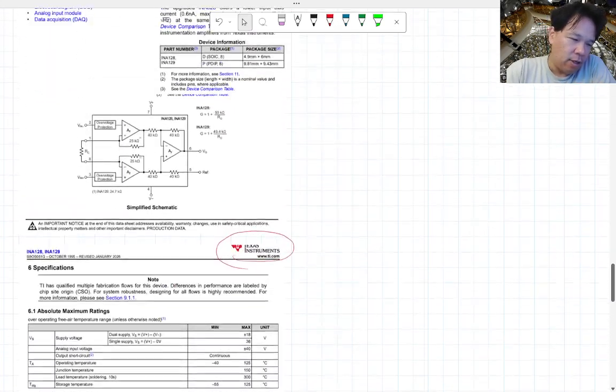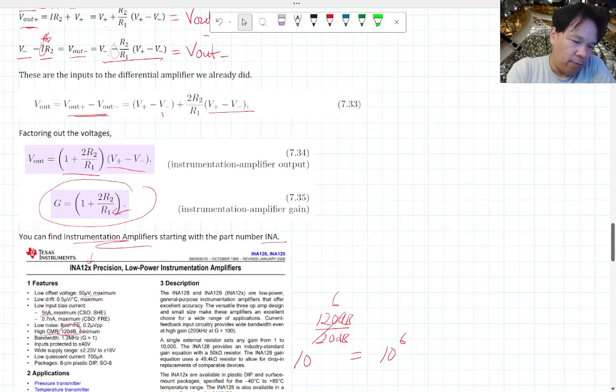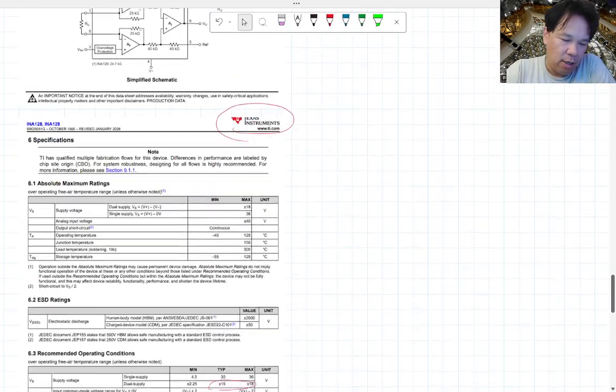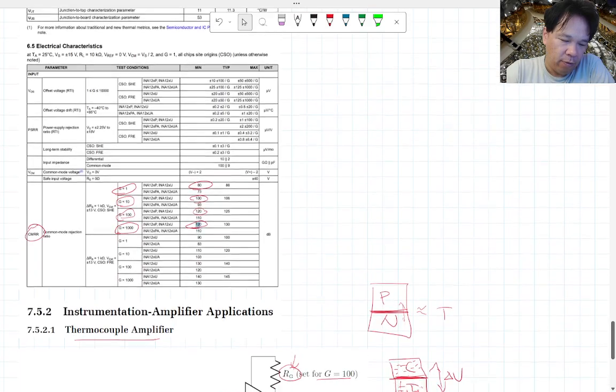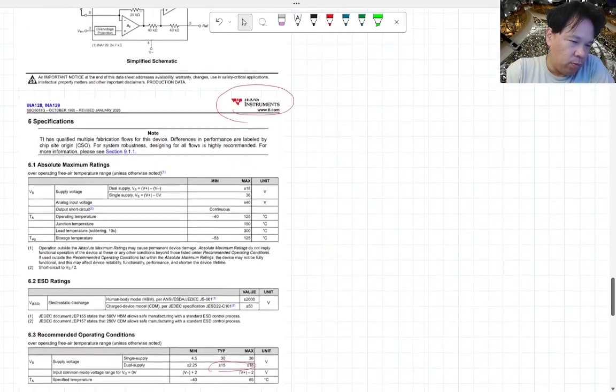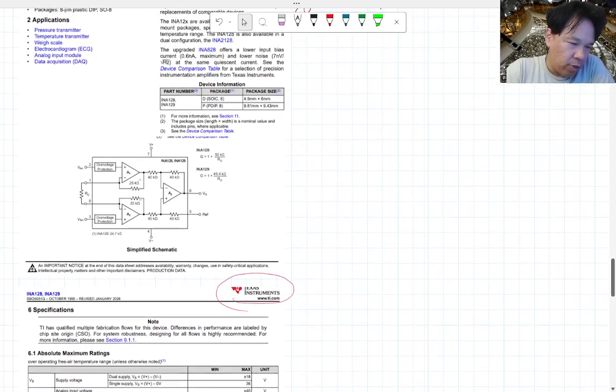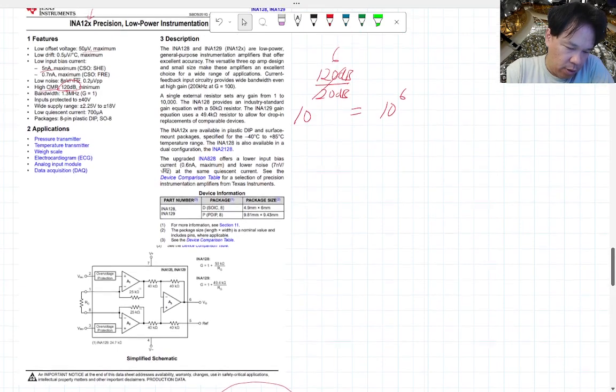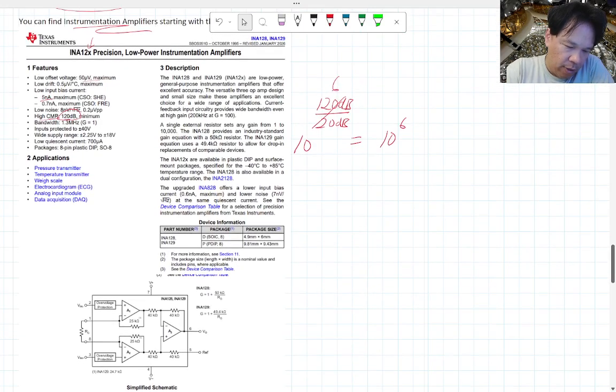That RG is basically the same as this R1 here, which sets the gain of your instrumentation amplifier. I should mention what R2 is in this particular amplifier. R2 is 50 kilo ohm.